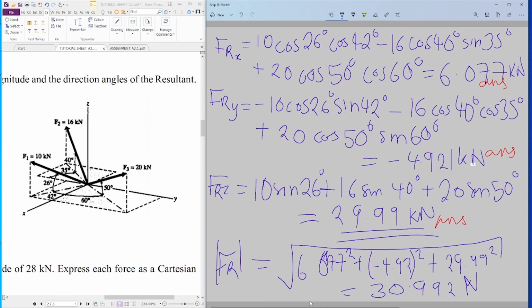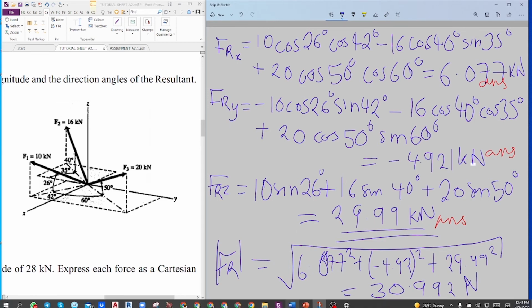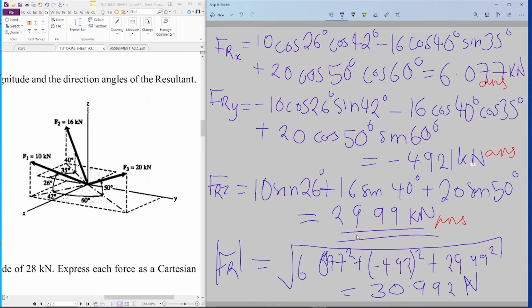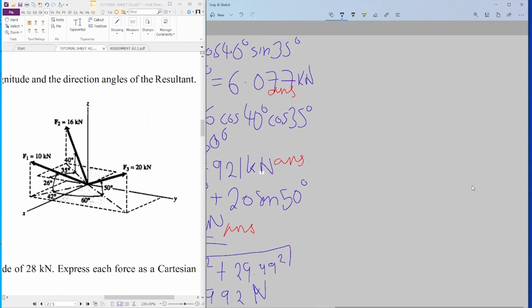Since we have gotten the magnitude, getting the direction angles is not tricky now, because we know that alpha will be equal to cos inverse of 6.077 over 30.992, which is equal to 78.7 degrees.